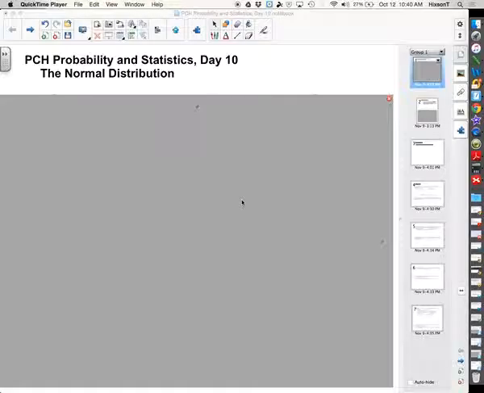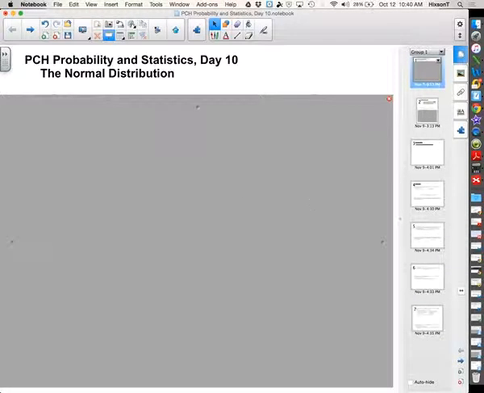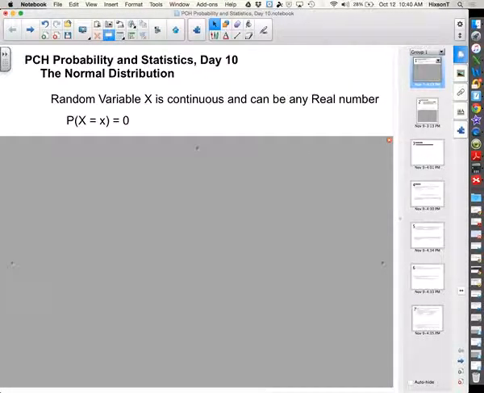But I want to start out by defining a certain thing, because what we're trying to measure here is the likelihood of a certain random variable, and what we use for this random variable is this capital X, or uppercase X. And in the case of a normal distribution, X is continuous.